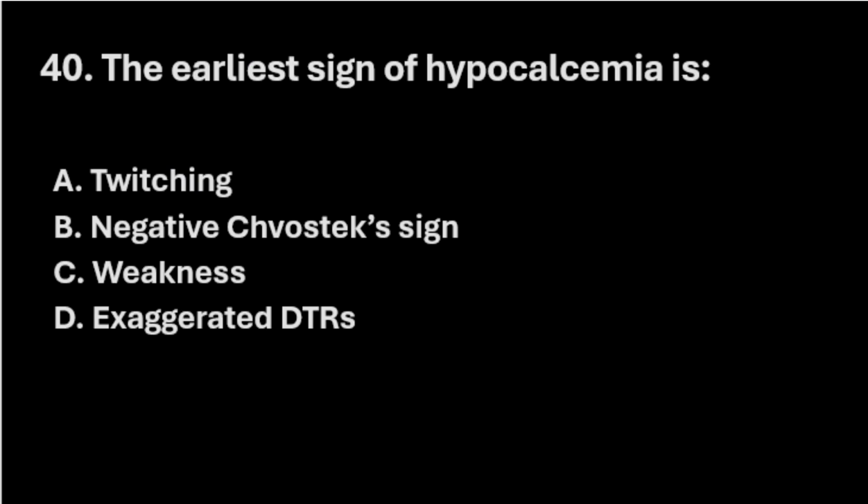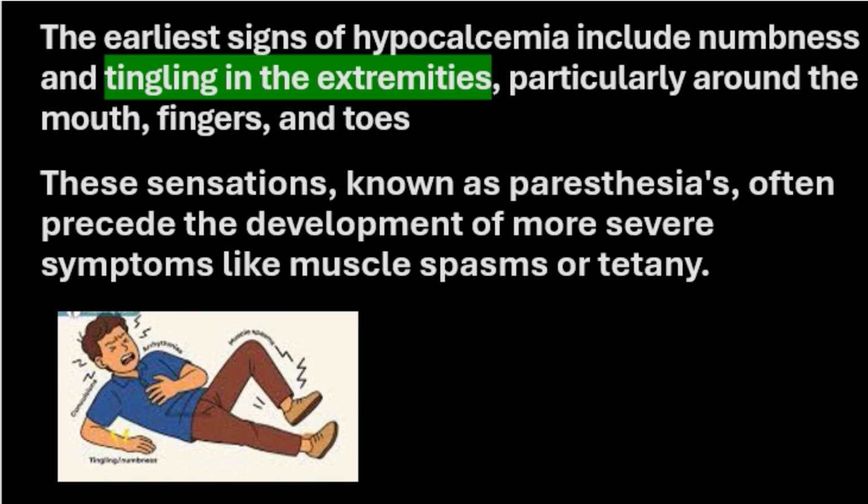Next question. The earliest sign of hypocalcemia is option A, twitching. Option B, negative Chvostek sign, option C, weakness, and option D, exaggerated DTRs. The right answer here is option A, twitching. The earliest signs of hypocalcemia include numbness and tingling in the extremities, which is twitching, particularly around the mouth, fingers, and toes.